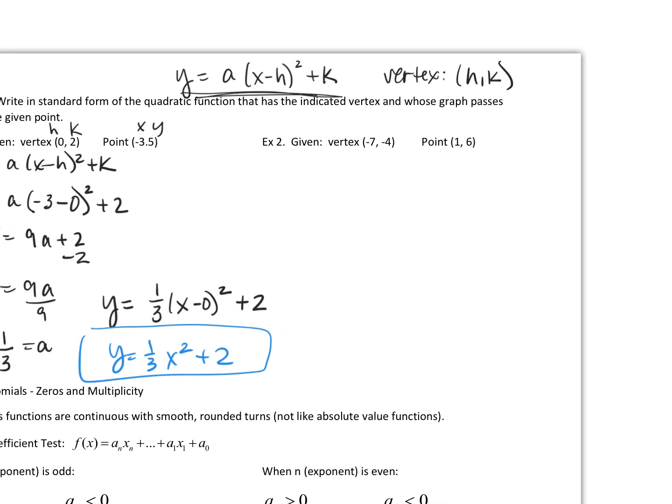All right. So vertex is my h and k. The point is my x and my y. Using my formula, I'm going to say 6 equals a times x is 1 minus h, so it becomes a plus 7 squared minus 4.